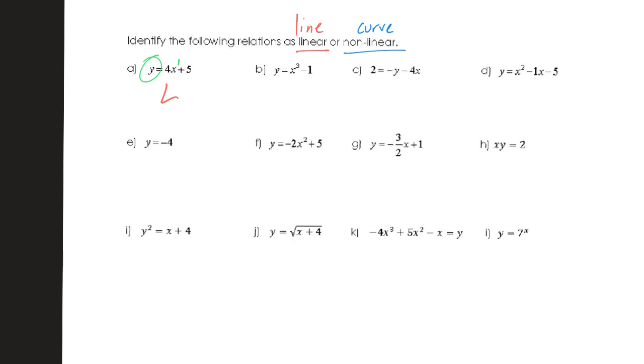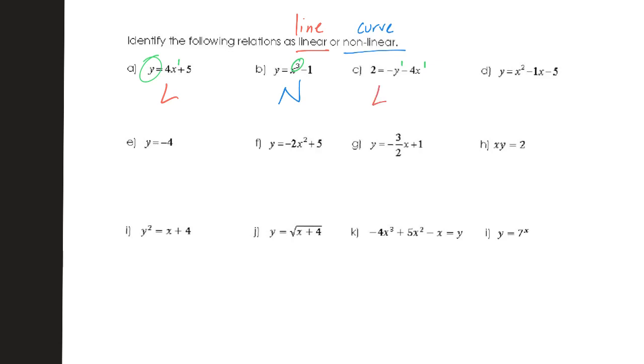Okay, we're back. I'm hoping that as we took a look at B, we noticed I have an exponent on x that's not 1. And so pretty quickly, we said nonlinear. In C, I see an exponent of 1 on my y and an exponent of 1 on my x, and so we should have pretty quickly said linear.